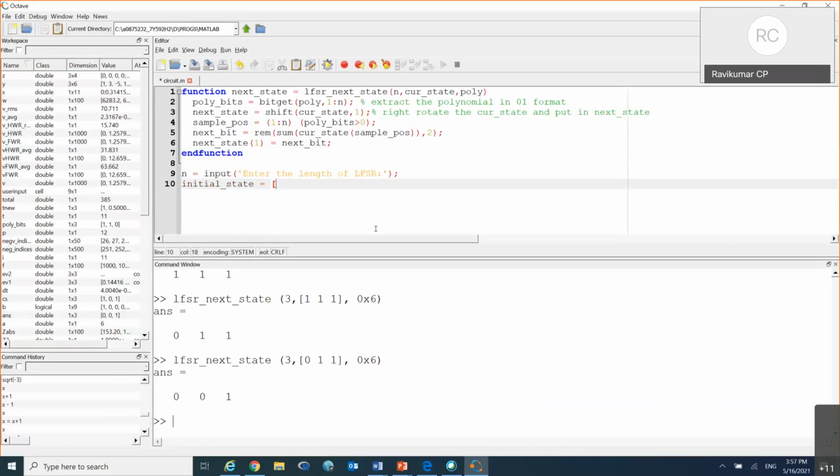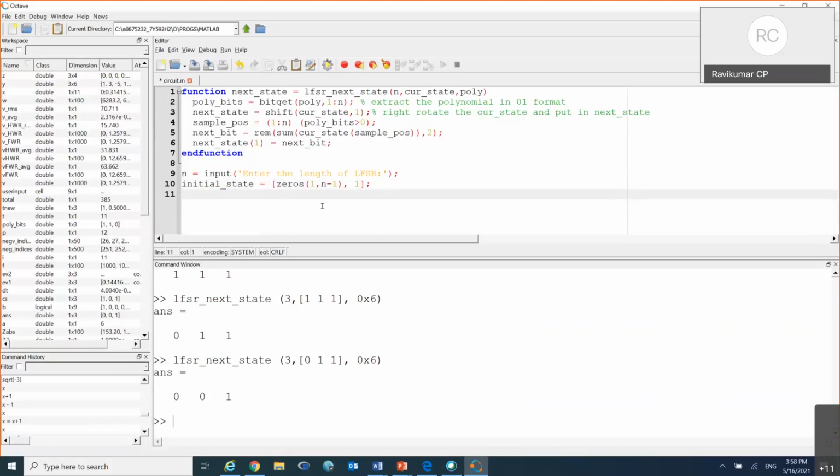I will possibly have a 1 here, and I'll have n minus 1 zeros. So that will give me the initial state. Then I will say display initial state.